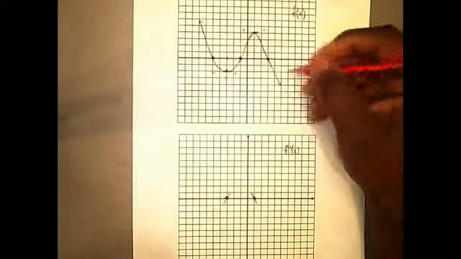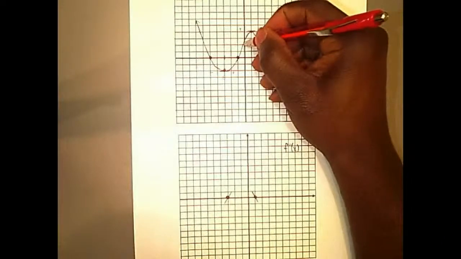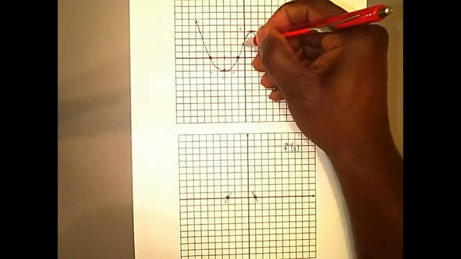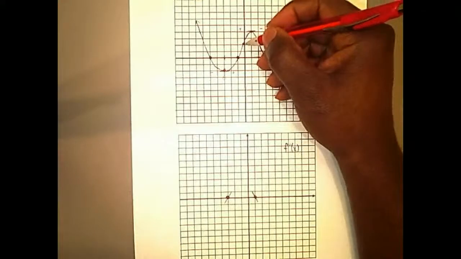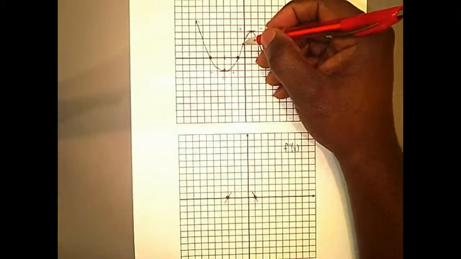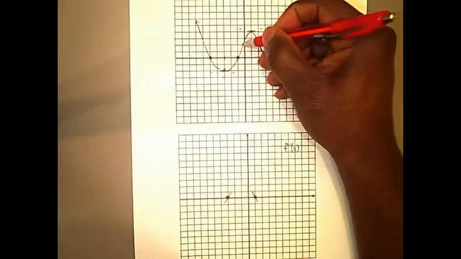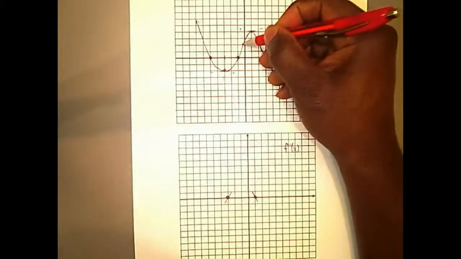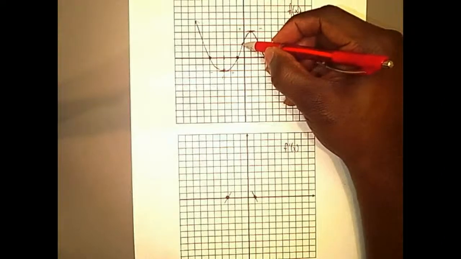Estimating that, the point would be about right here for the original graph. What we call this point is an inflection point, and we'll learn later that that means a place where the concavity of the graph changes. But for now, all you need to know is this is a point where, in this case, the slopes of the tangent line stop getting more positive.